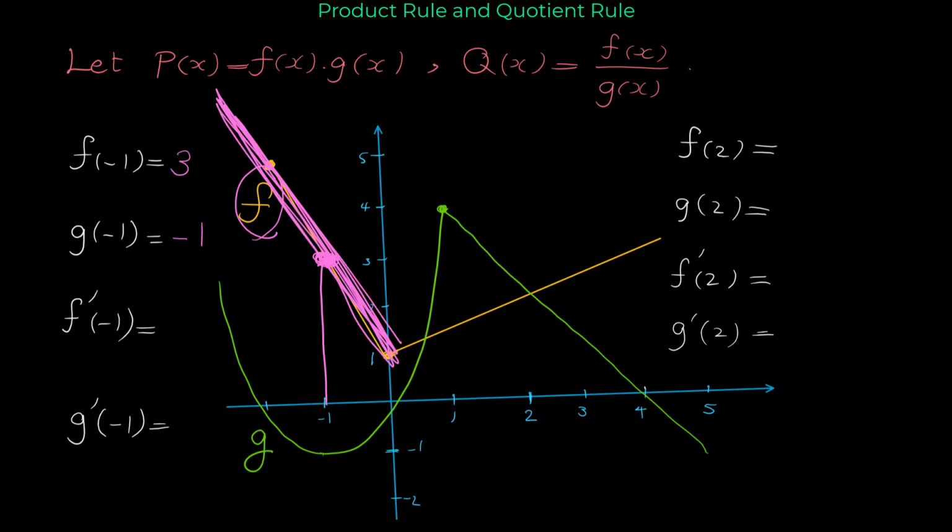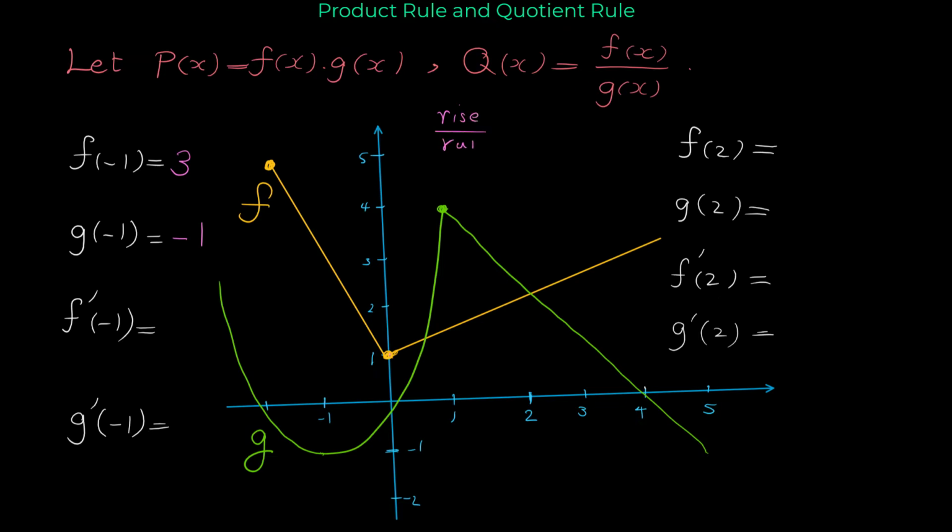If you remember, for finding the slope of a line, we use the rise over run rule. So we have to find rise over run for this line.